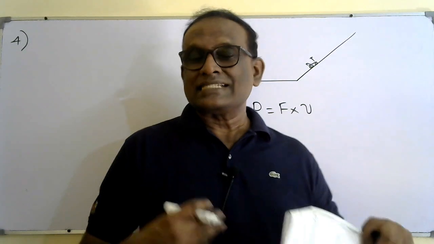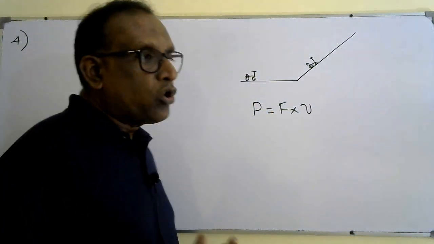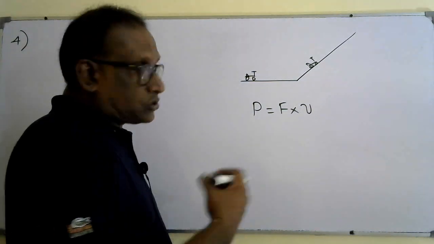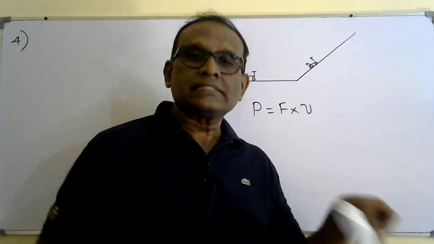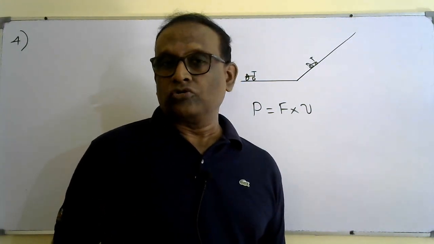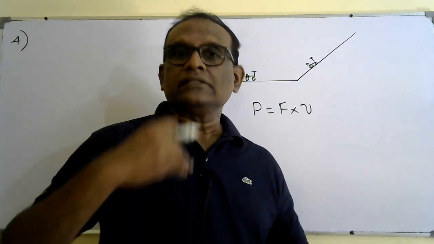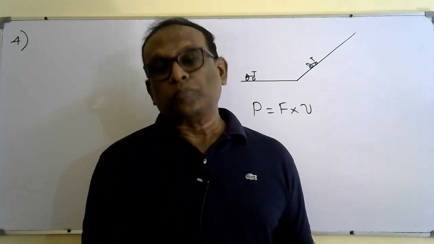So the cyclist is still working. The cyclist is doing work, maybe to overcome the friction force. When you pedal, actually it would have accelerated, but it's not accelerating because the force you apply on the pedals is the same as the opposing friction.